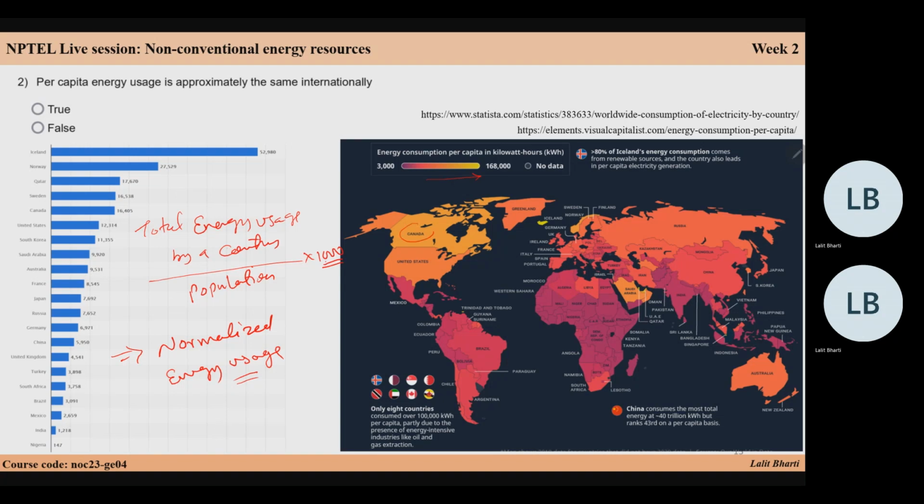You can see Canada, Iceland, and the United States are high in energy consumption, whereas India and many African countries are lower in energy consumption.